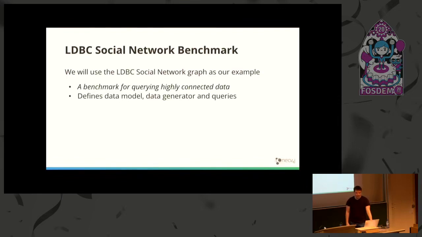What is interesting about it is that the data set, the graph, is very strongly connected. We have a colleague who is an in-house expert on the LDBC benchmark, and when we told him we want to do a sharded version of the LDBC benchmark, he was like, "You are crazy. That can't perform well," and we proved him wrong.